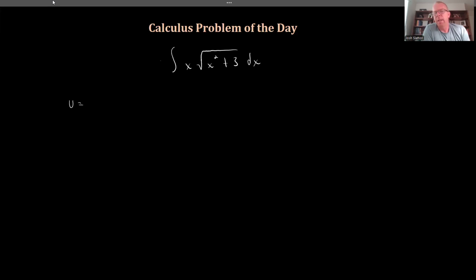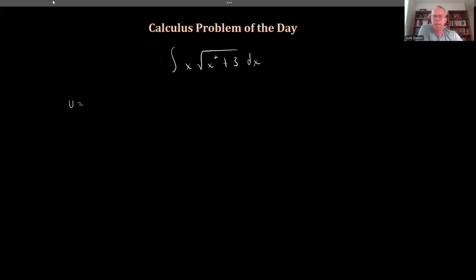Now, typically, I would say that to find the U, you need to find the most high level, I guess, or complex function that is not a composite. So if you look at this square root of X squared plus 3, that's kind of a composite function.